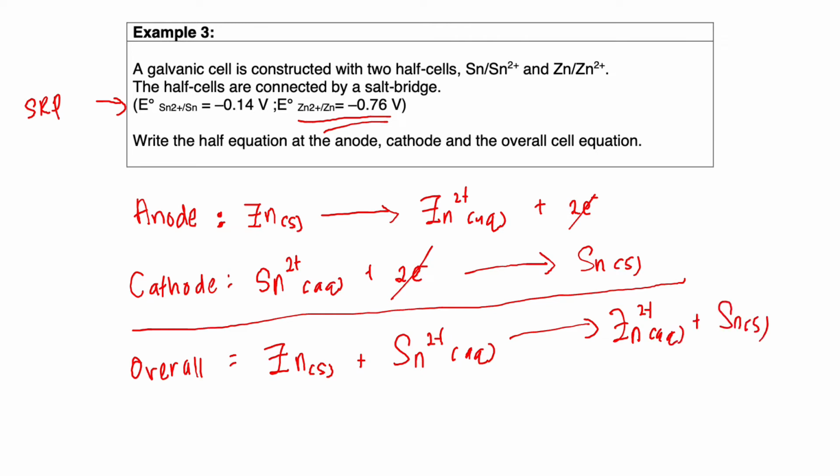Okay, there you go. So we have our half cell for anode, our half cell for cathode, and our overall cell. I hope by looking at these three examples, you now understand how to determine anode, how to determine the cathode by looking at the SRP value.